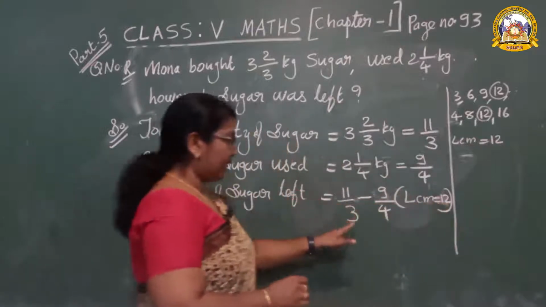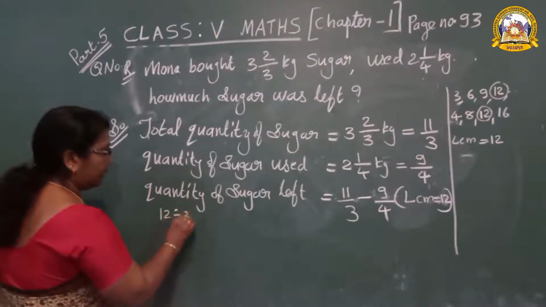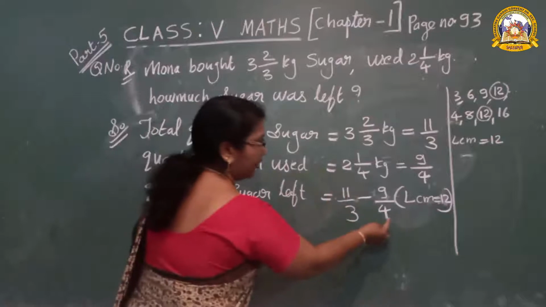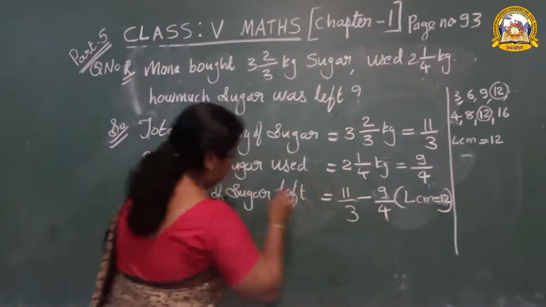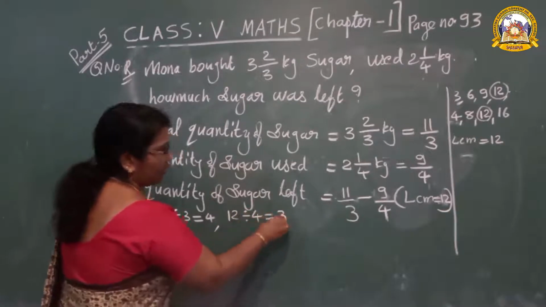Now 12 divided by 3. Look here. 12 divided by 3, you will get 4. Next, 12 divided by 4, we will get 3.